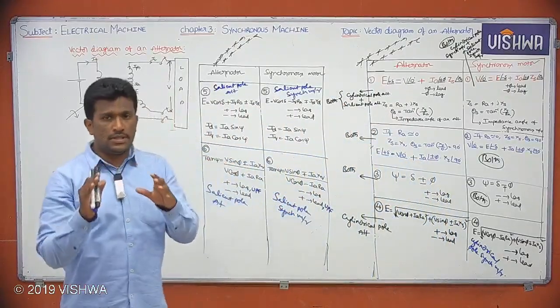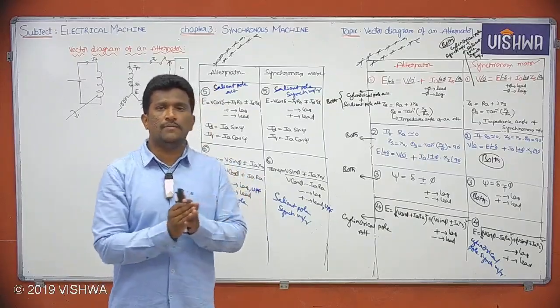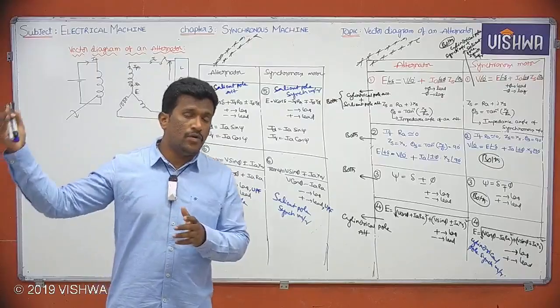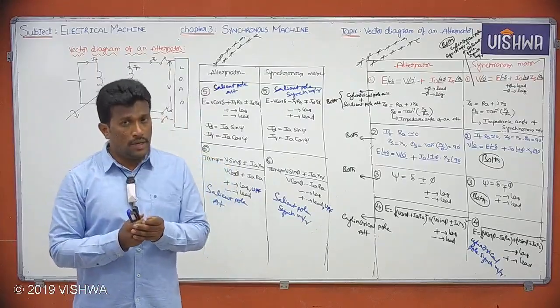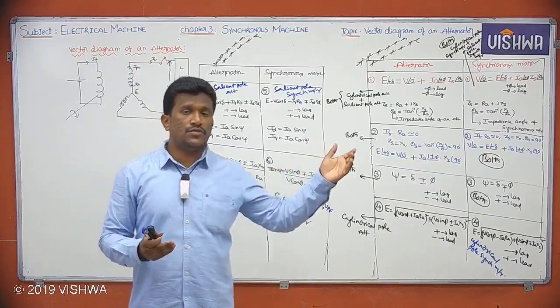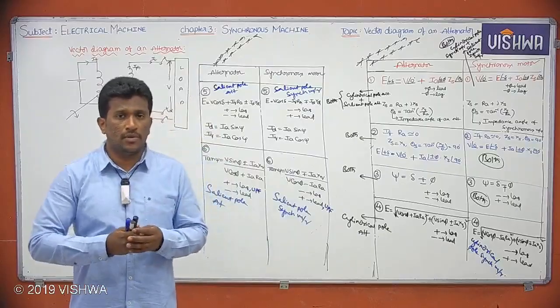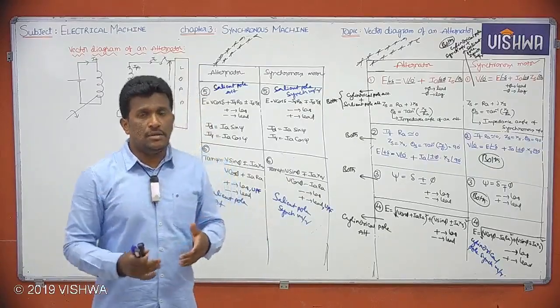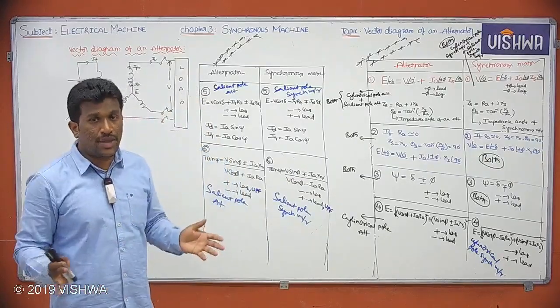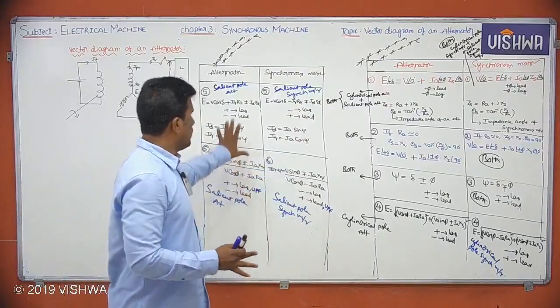Synchronous machine GATE questions, generally 2 marks, you will be getting from the EMF equation of an alternator and output power flow equations of alternator, nothing but P equal to EV by X sin delta. EMF equation is E equals 4.44 Kp Kd phi f T phase. That is okay. Everybody can do it. Except that, maximum 2 marks questions can be solved by remembering these 6 formulas.